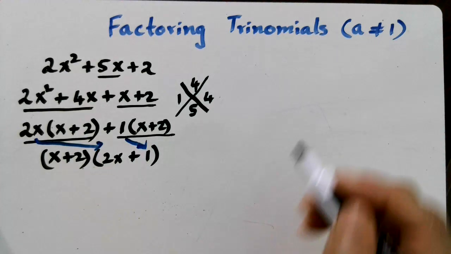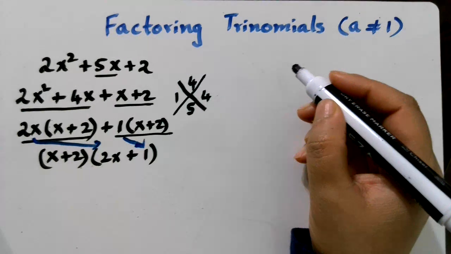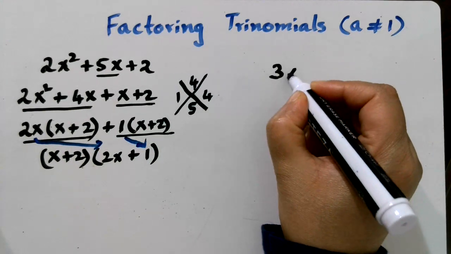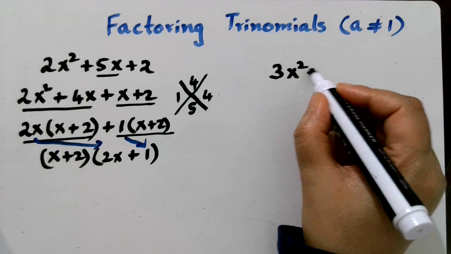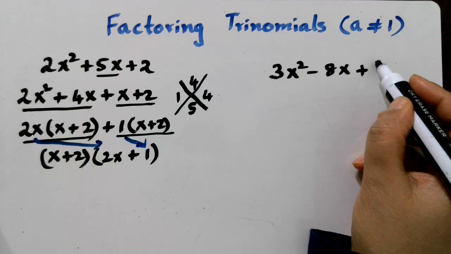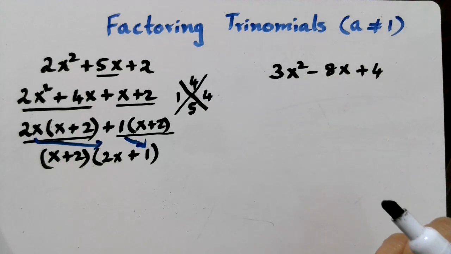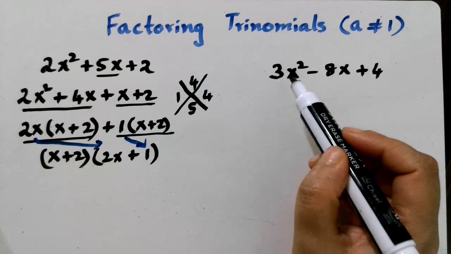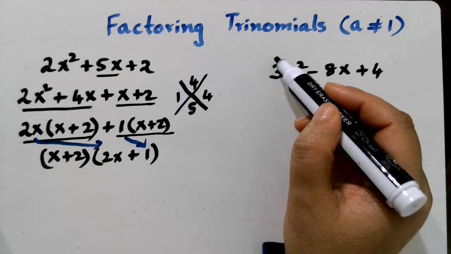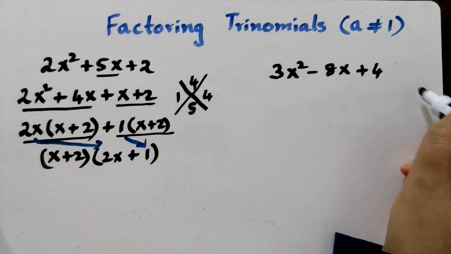Okay, let's do another problem. Let's take 3x squared minus 8x plus 4. Now, as I said, you multiply the coefficient of x squared with the constant. 3 times 4 is 12.